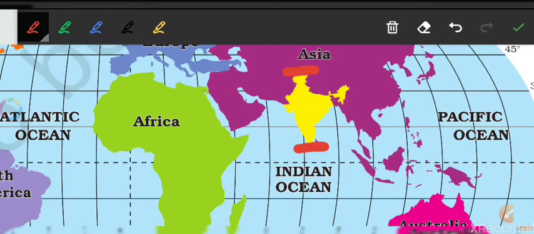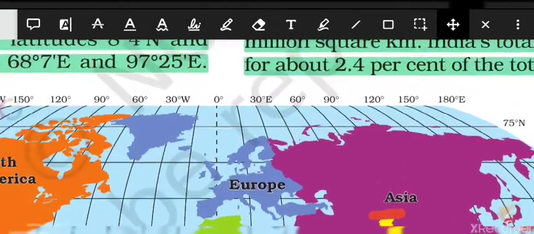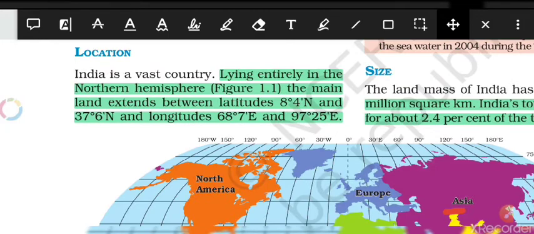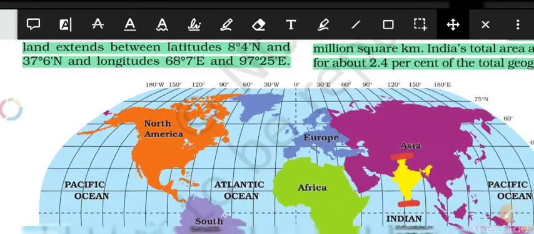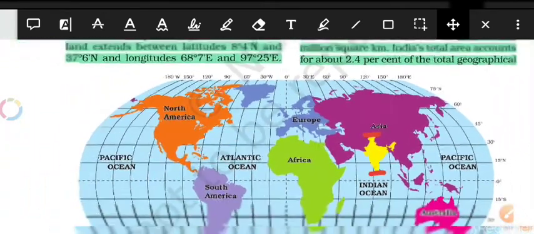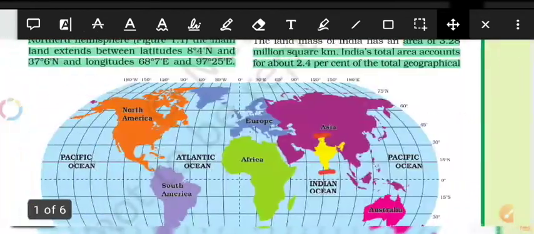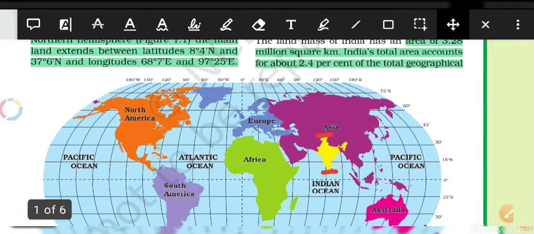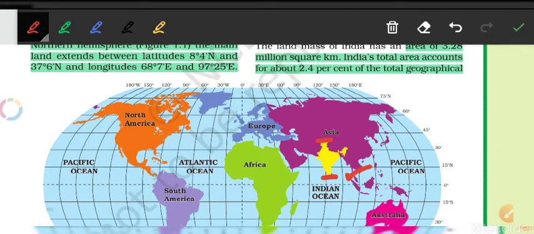We are talking about the extension of India in terms of latitudes as well as longitudes. The latitude extension is between 8 degree 4 minutes north and 37 degree 6 minutes north. So this is the extension of India.